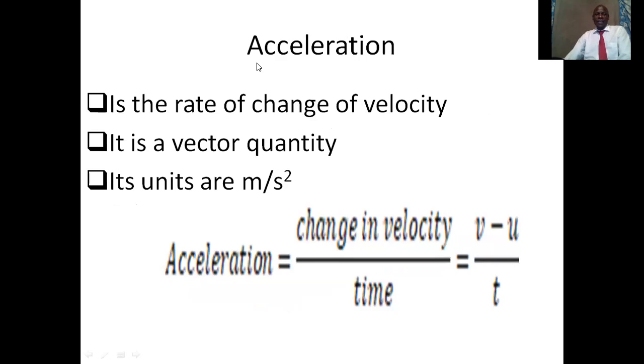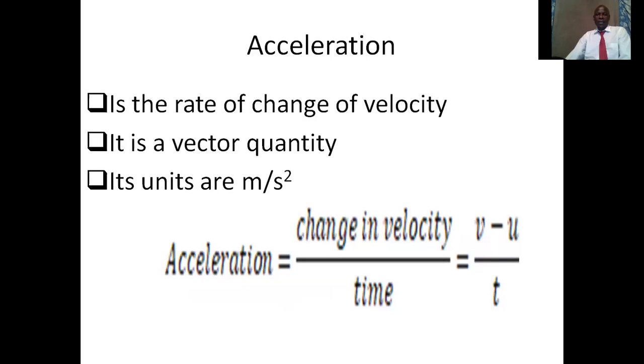Acceleration can be defined as the rate of change of velocity. In other words, we start from some initial velocity and go to another final velocity. And so we get a difference, final velocity minus initial velocity, over time. That is what is known as acceleration.